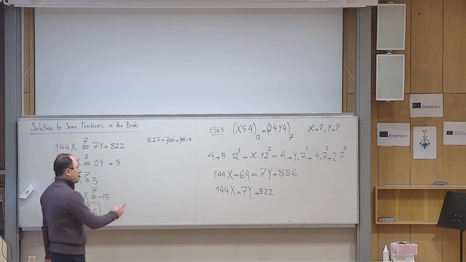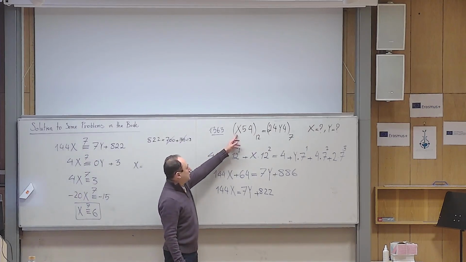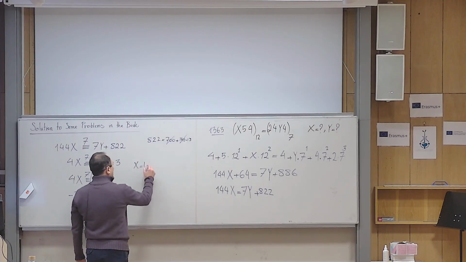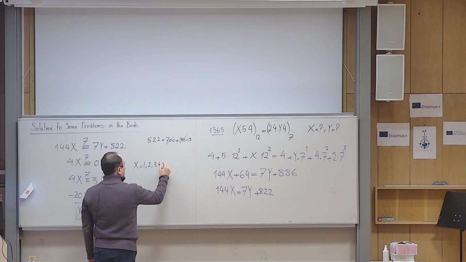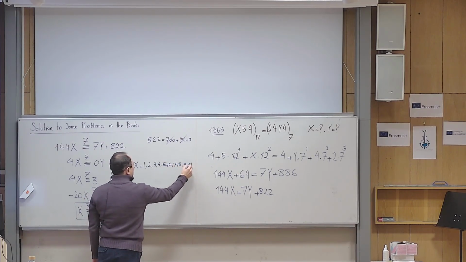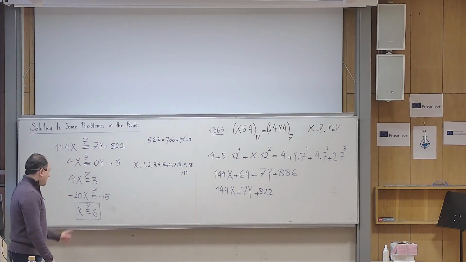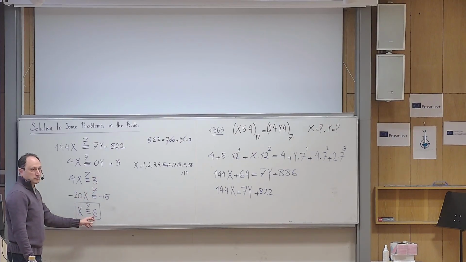And on the other hand, I already know what my choices are. I would suspect 0 is not my choice, because if they write x there on the left, they don't mean it. So 1, 2, 3, 4, 5, 6, 7, 8, 9, 10, 11. I want to look for all possibilities where this works.